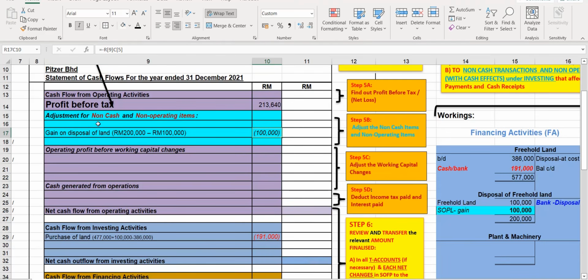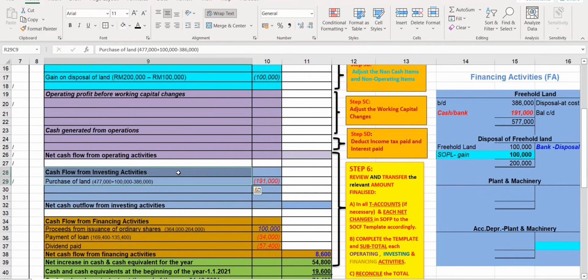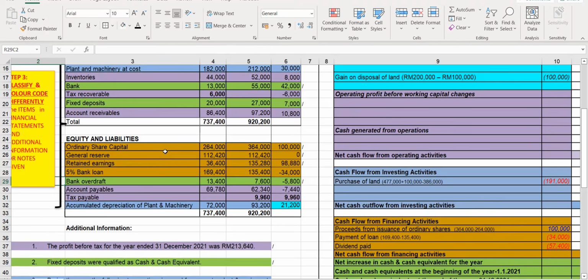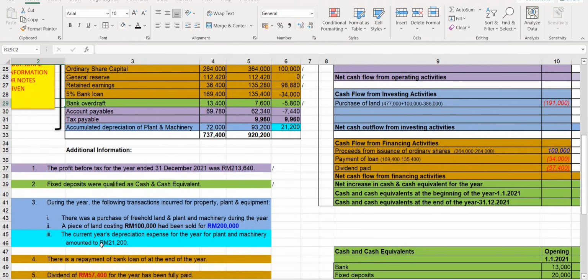Apart from that, we also have to check other items relating to the investing activities. You have this last item here, which relates to accumulated depreciation. The changes in accumulated depreciation may have affected investing activities. That's why I'm using the blue color here.